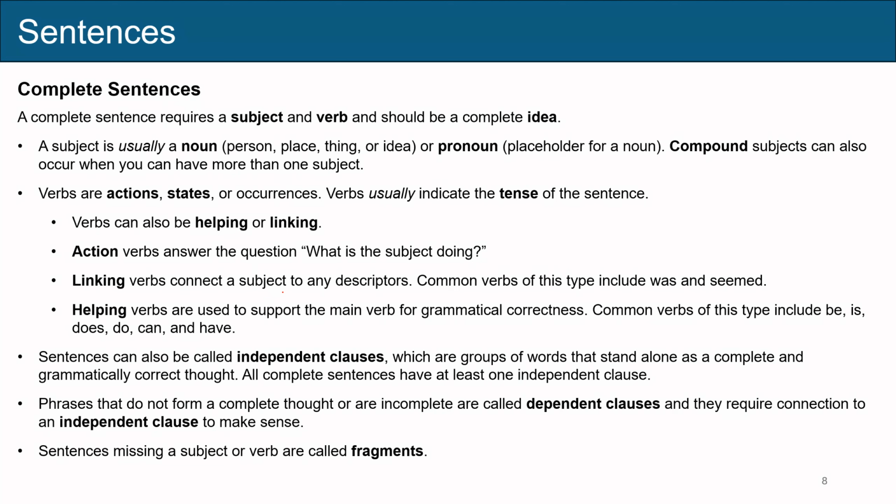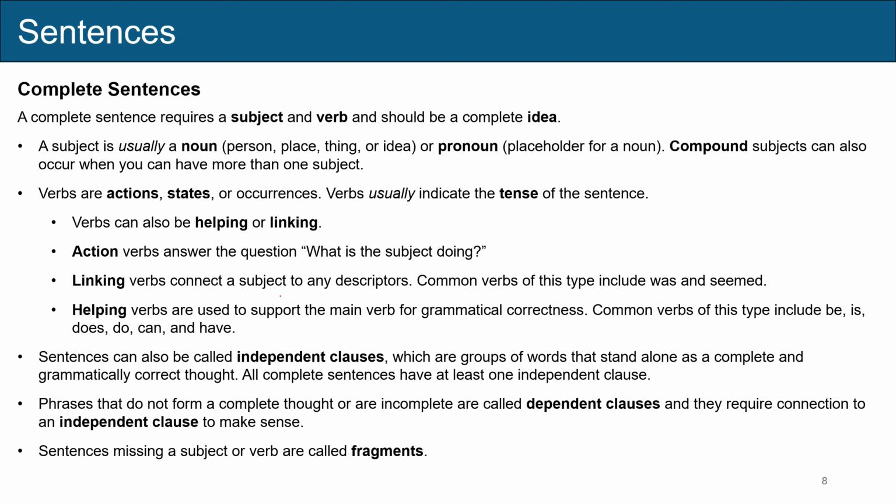When people think about verbs, they're mostly thinking about the action verbs that answer the question, what is the subject doing? But we also have linking verbs that help connect our subject to descriptions, like was or seemed. We also have those helping verbs that are used for grammatical correctness.